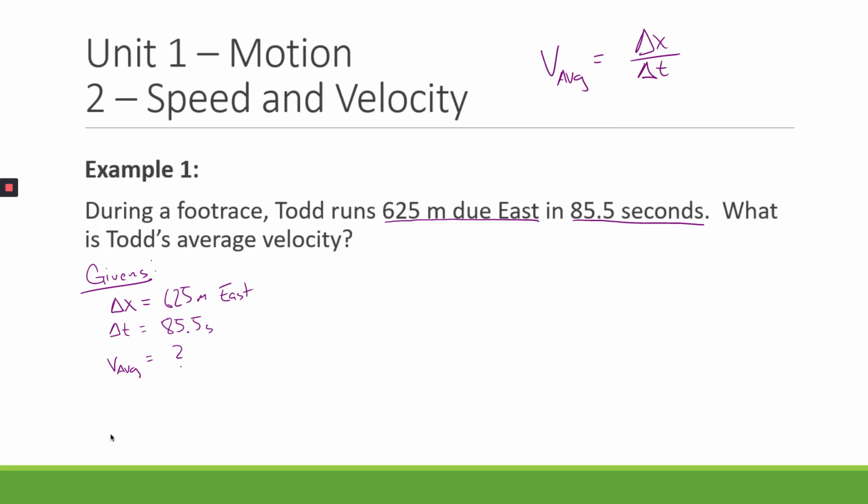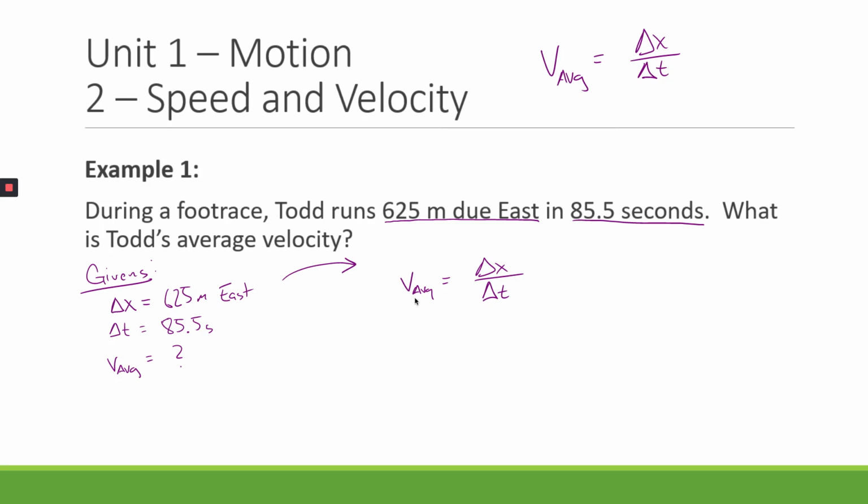Now you want to go look for a formula that has all this information in it. Hopefully just this information. Now, we have one formula, and I just gave it to you, so this is going to be pretty standard, right? So the formula we are going to use is V average equals delta x over delta t. So let's take our givens and plug them into that formula.